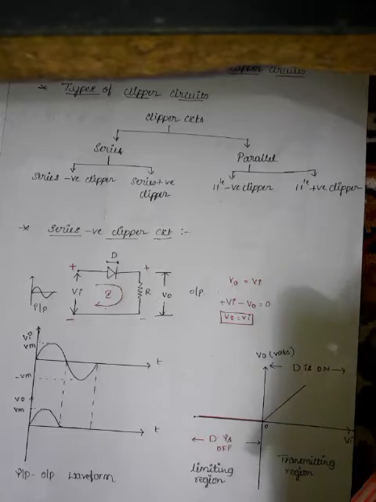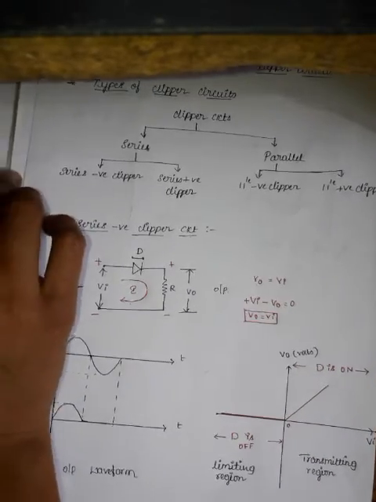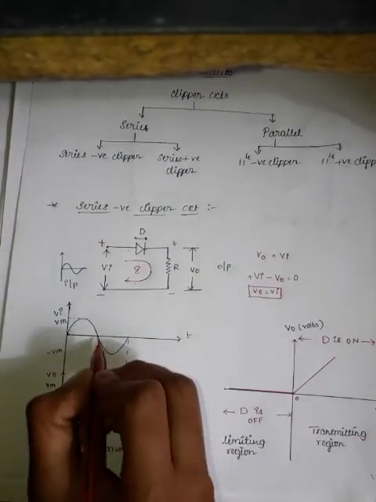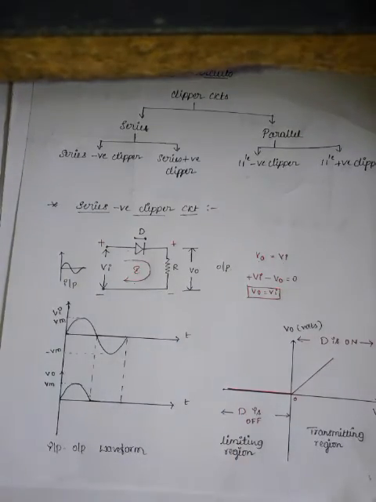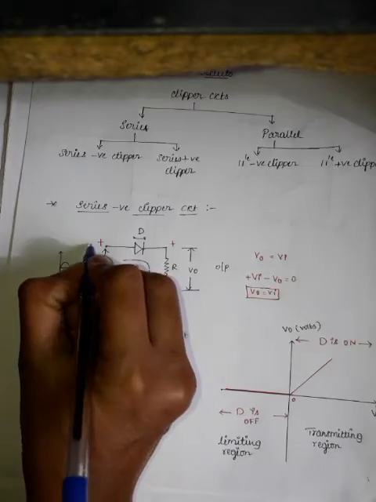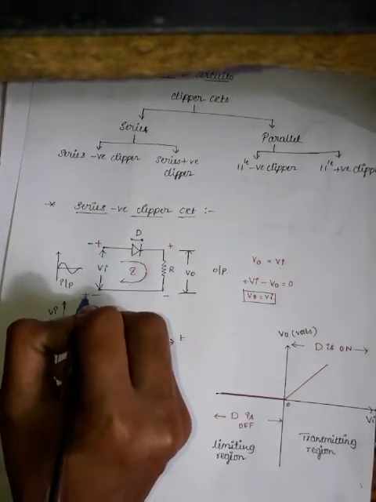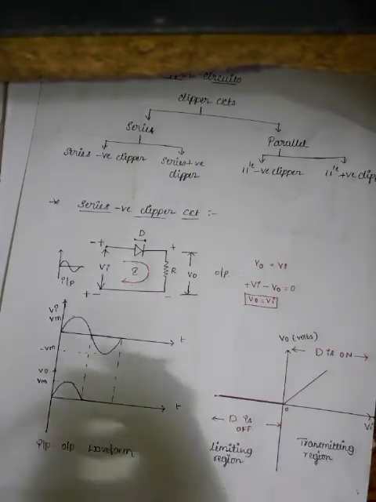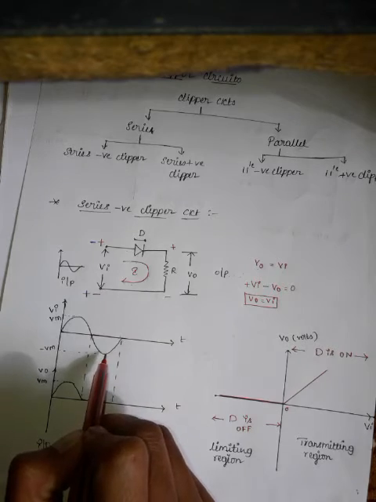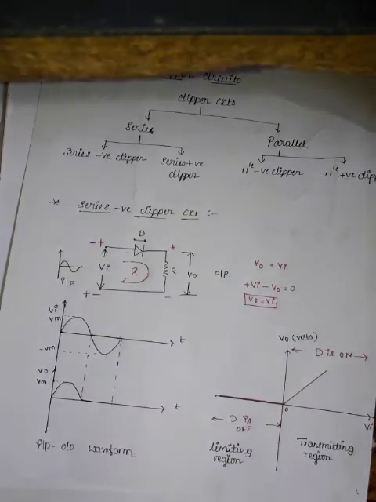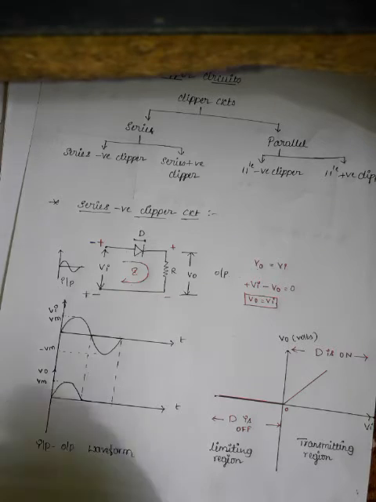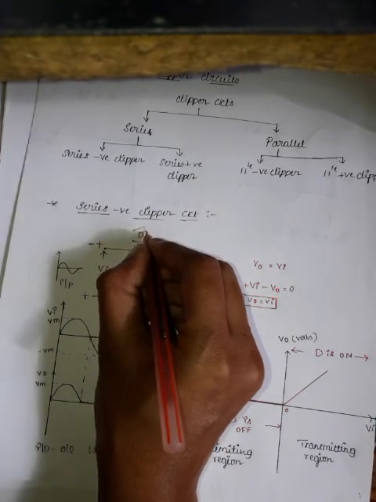So let us consider the negative half cycle. During the negative half cycle the polarity will be minus and plus. So once you apply negative during the negative half cycle, the diode will be in the off condition. So it will act as an open switch.